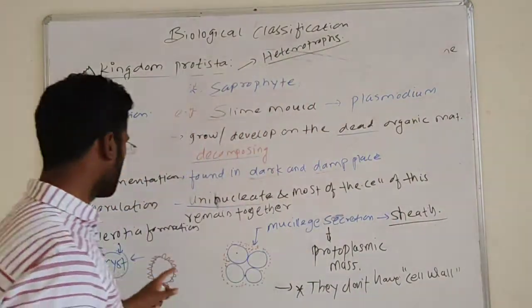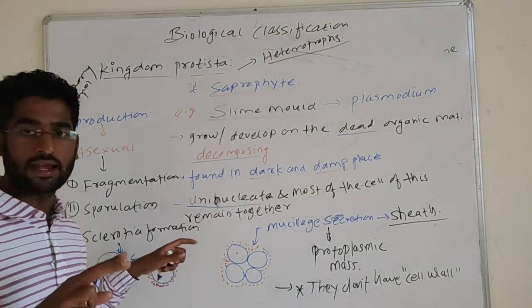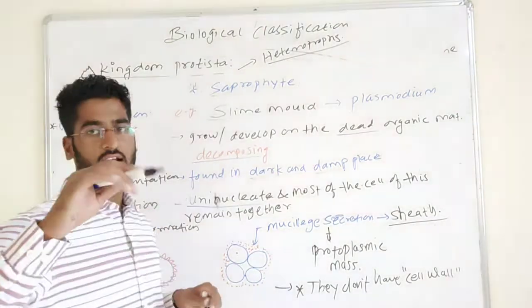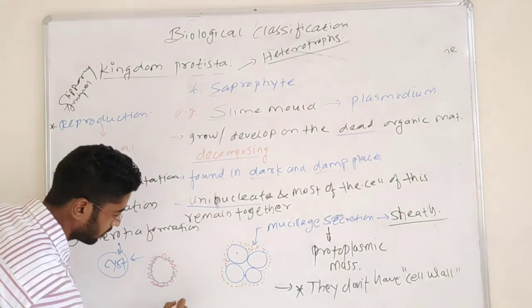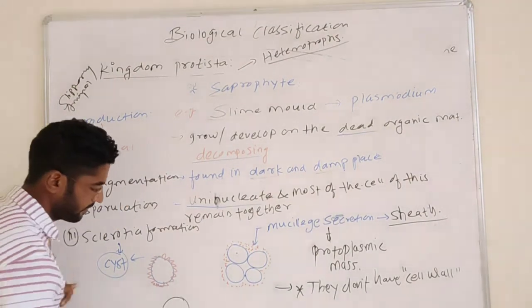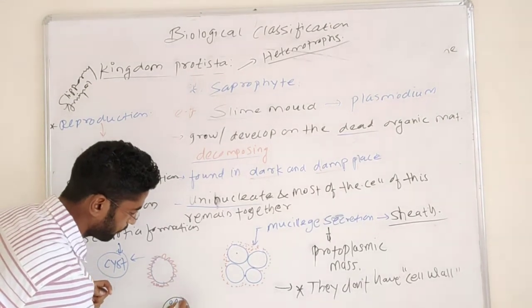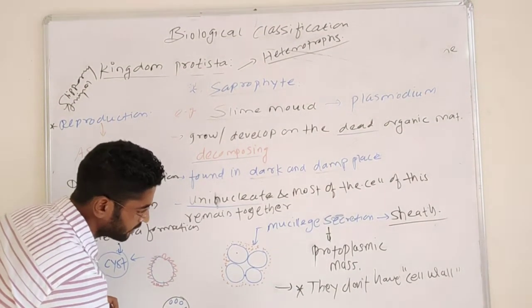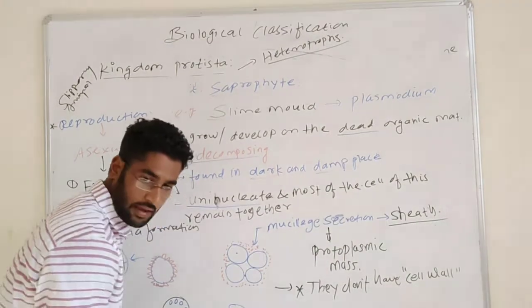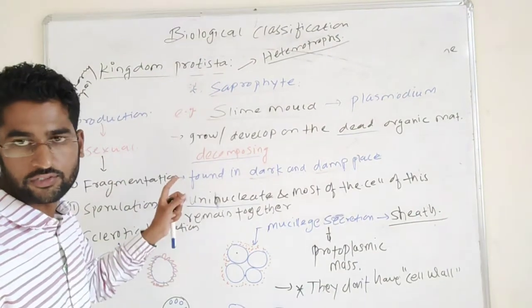Spore formation is important because they are so tiny, and in spore formation, you know that there are many spores. If this is the plasmodium having different spores, when they break, they are going to be of any shape, like an airy film. Having flagella is also possible in this case.